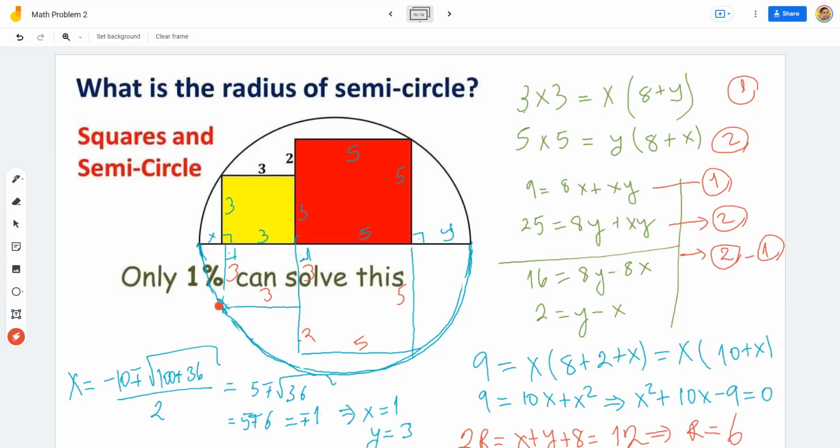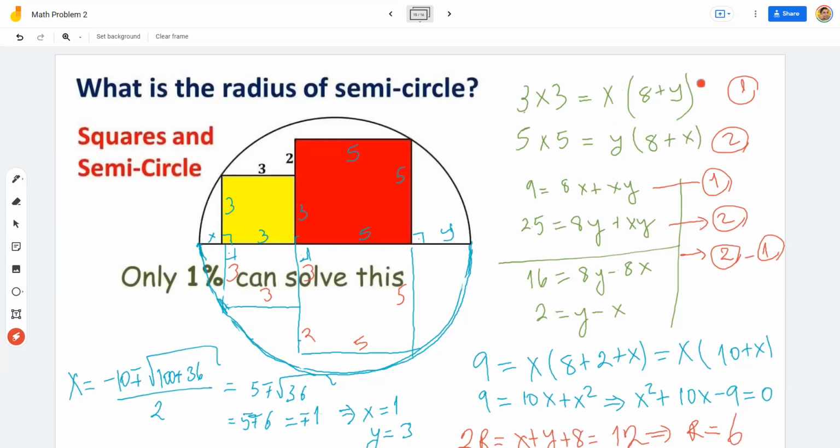This is the chords intersection rule. When we write these two equations, the first one becomes 3 times 3 equals x times (8 plus y). And likewise, 5 times 5 equals y times the remaining part, (8 plus x).